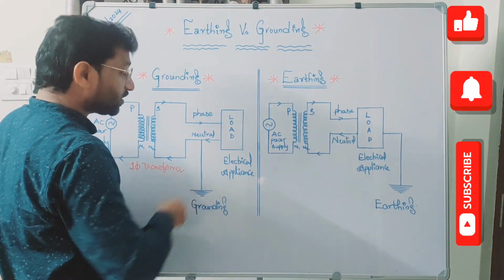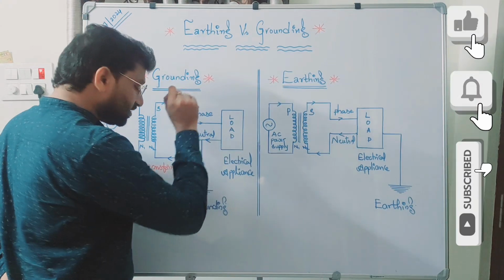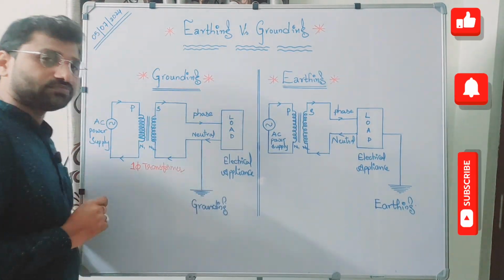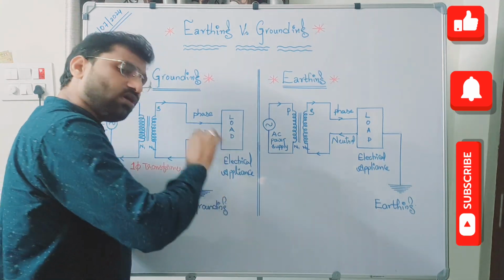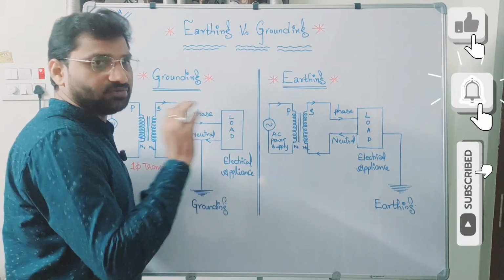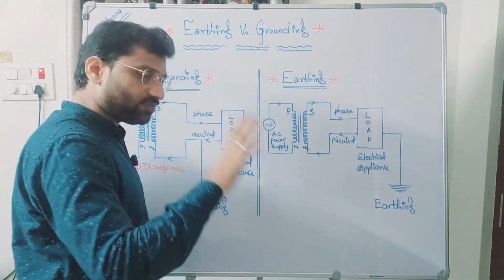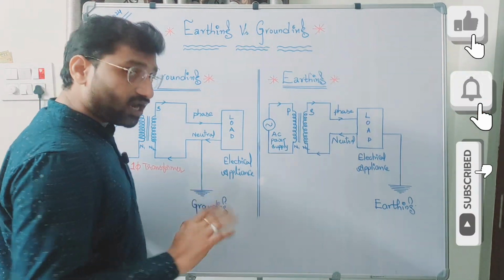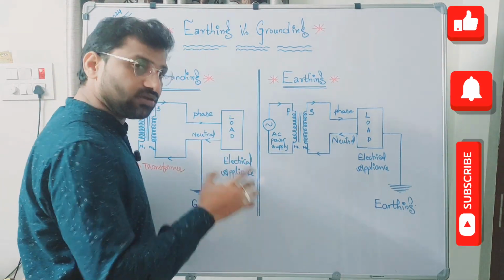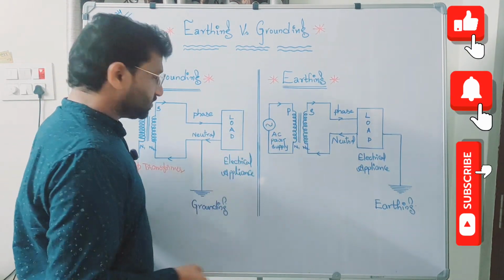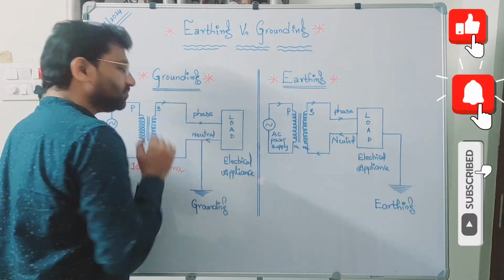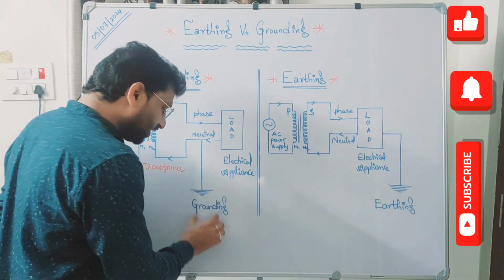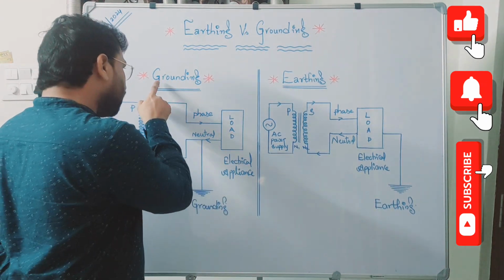That means the neutral point is connected to the ground or earth. The words earth and ground are inseparable, but when we call it earthing and when we call it grounding makes a big difference. If the neutral point of the system is connected to the earth or ground, then it is called grounding.